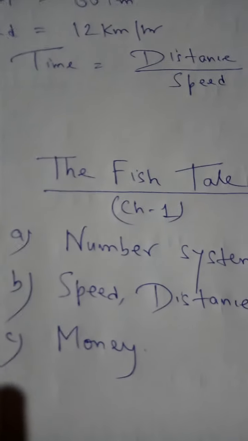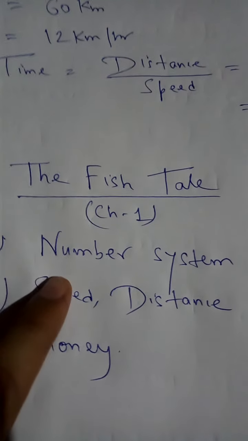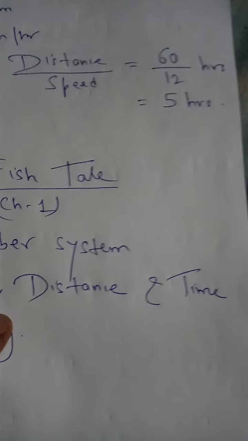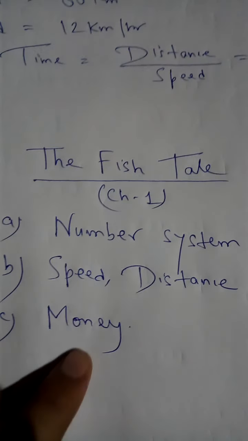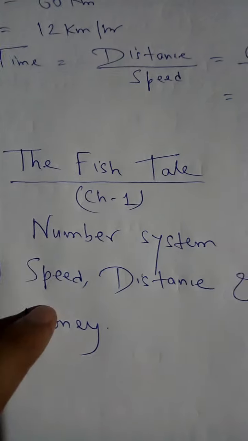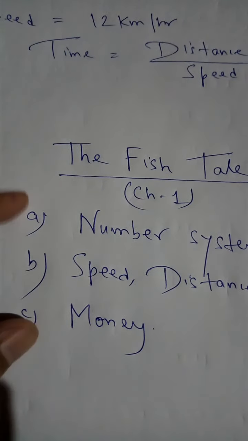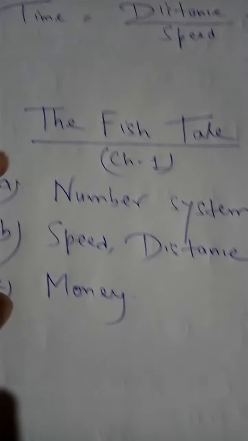These three topics come under the first chapter of your NCERT, the fish tale. Under this topic there are three subtopics: number system, speed, distance and time, and money. Okay, and the symmetry that we have started today, that is chapter number 5.